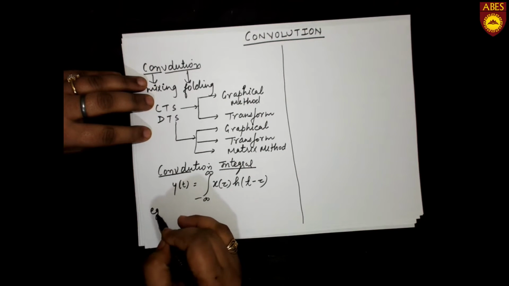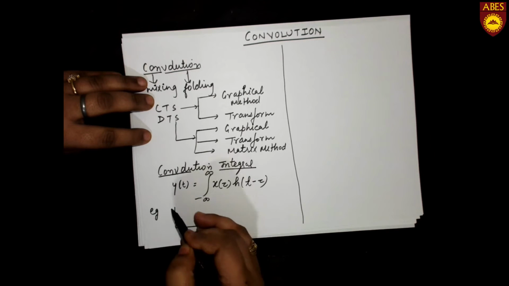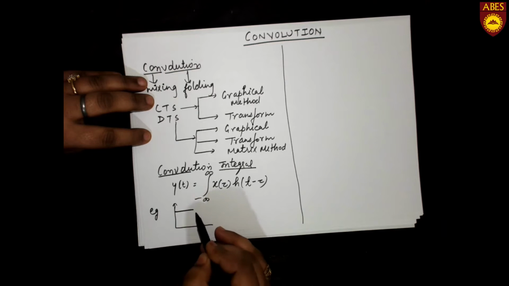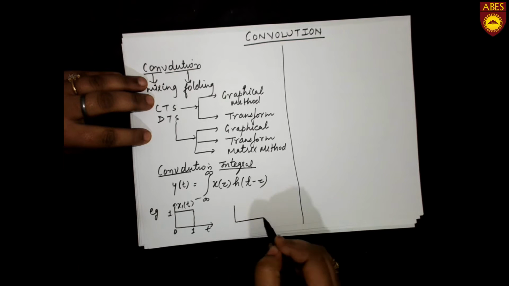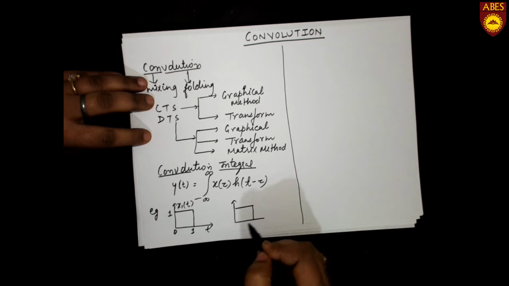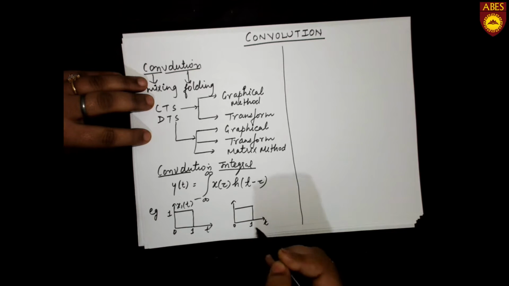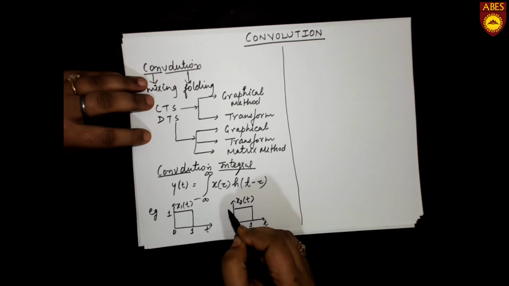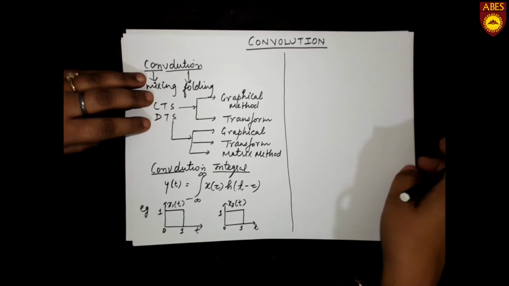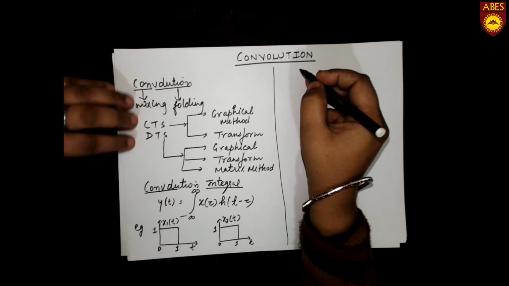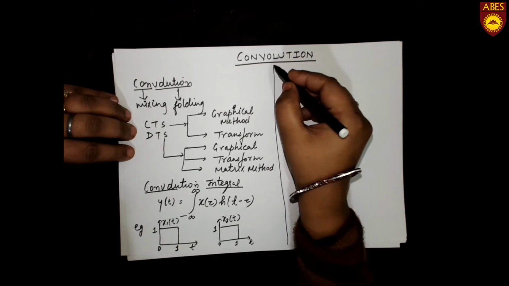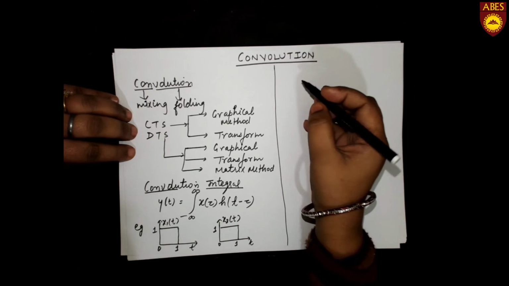Let us take an example of two gate functions with the same time duration and the same amplitude. So in convolution by graphical method, first we assume one signal as the first signal and the other signal as the second signal.